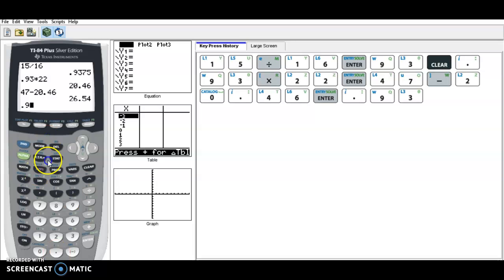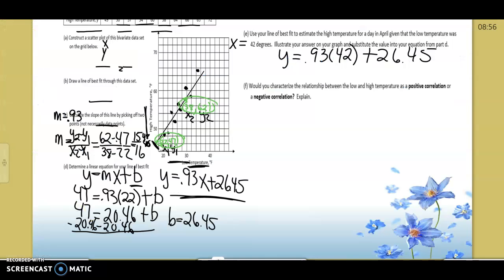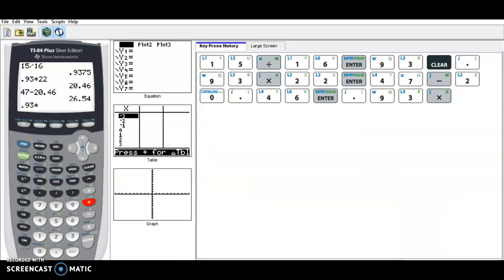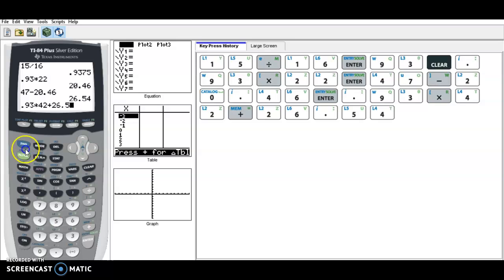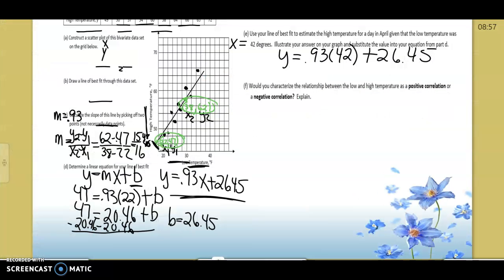So 0.93 times 42 degrees, and then we're going to add the y-intercept that we just found of 26.45. Press enter, voila. A high temperature that day would be about 65, 66 degrees based on our line of best fit. So the high temperature would be 65.6 degrees when we had a low temperature of 42 based on our line of best fit.